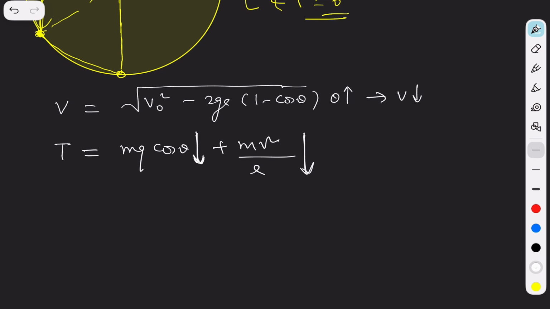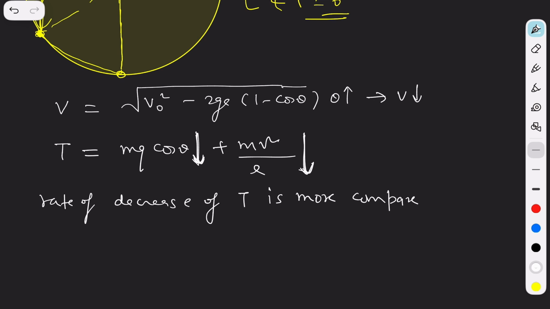These two factors tell us that the rate of decrease of tension is more compared to the rate of decrease of velocity.